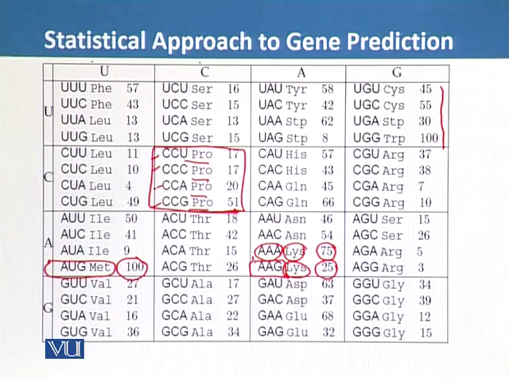But the codon CCG has the highest frequency value of 51. The other interesting thing is that when we sum up all of these frequencies, it comes to approximately 100. And for leucine, CUG has the maximum frequency as compared to the others, and so on.